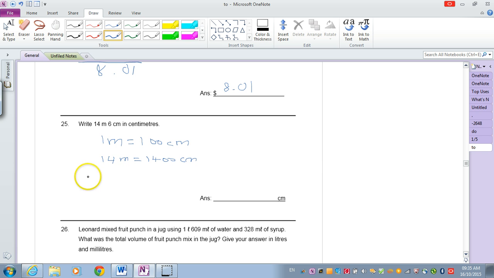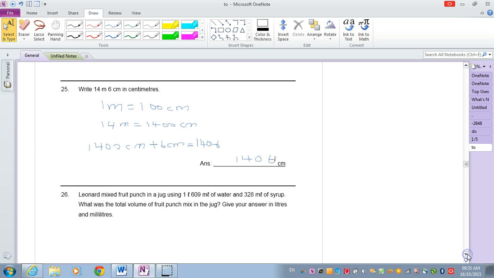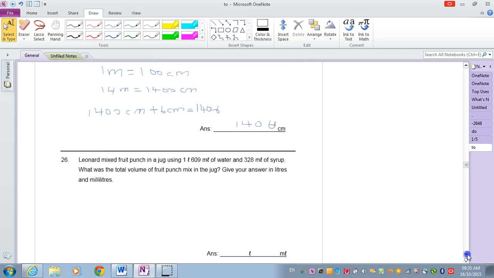So 1,400 centimeters plus 6 centimeters will give me 1,406 centimeters. So your answer should be 1,406. That is straightforward. Let's move on. Question number 26.